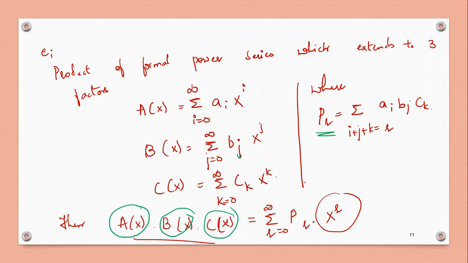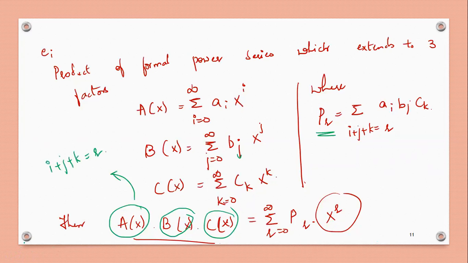What is the condition? How should we select the term? The terms should be selected in such a way that i plus j plus k is equal to r. Of course, we can extend this to multiple functions, so instead of 3, we can have 4 generating functions, 5 generating functions, and more.